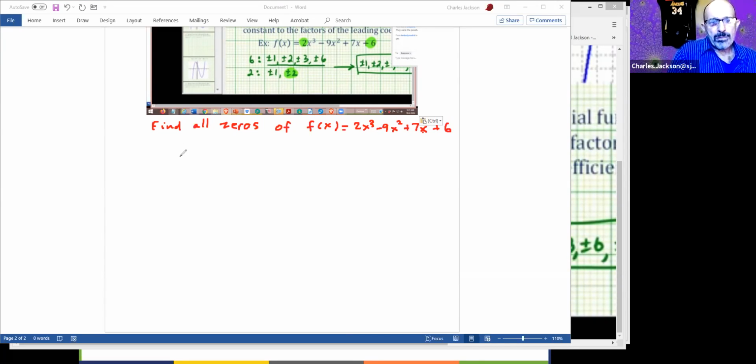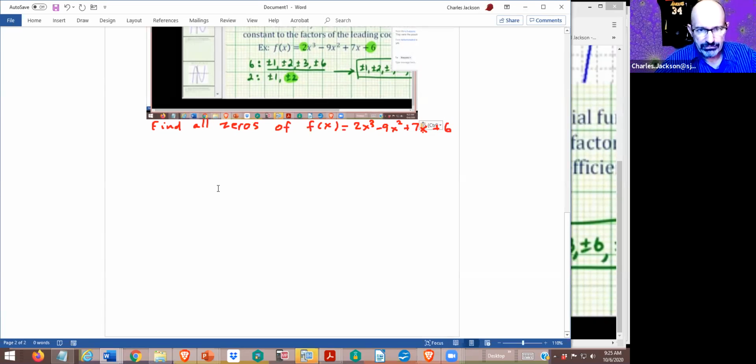Okay, so find all zeros. Of course, I'm interested in the rational zeros. And that screenshot shows that there are some potential rational zeros.